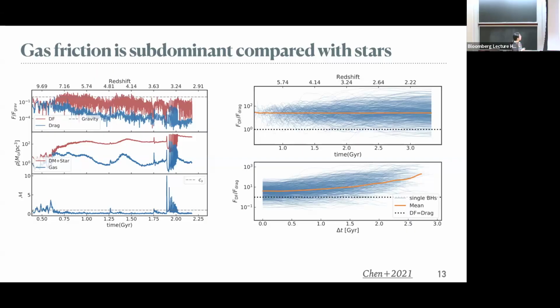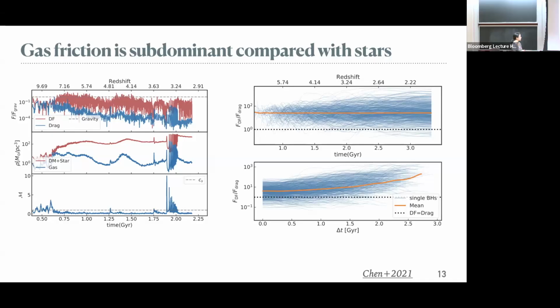So this red line is the dynamical friction from stars and dark matter. The blue line is the friction from gas, and this is all compared to the resolved gravitational forces in the simulation. This is one example, with all of the black holes in our test simulation. We can see that in almost all the cases, the friction from stars completely dominates over the gas force.